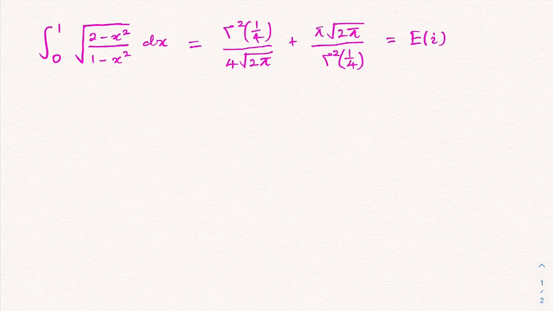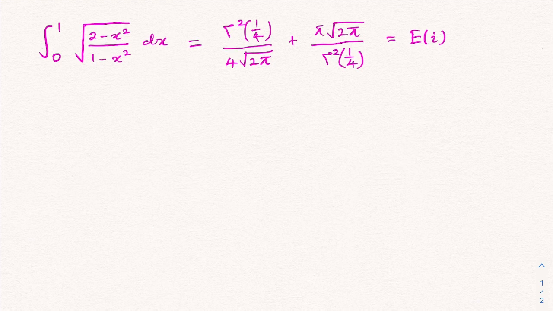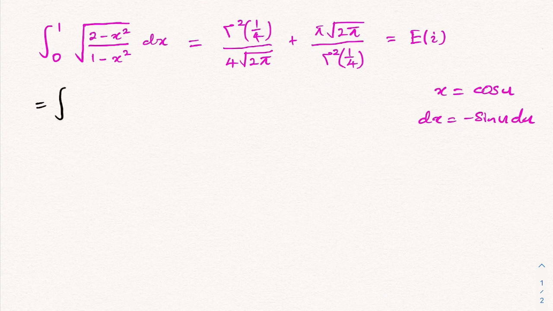Okay, first we can take a substitution. If we take x equals cosine of u, then we know the differentiation dx is equal to minus sine of u du. Okay, then we can plug in. Now after taking the substitution, the limits will be π/2 to 0.